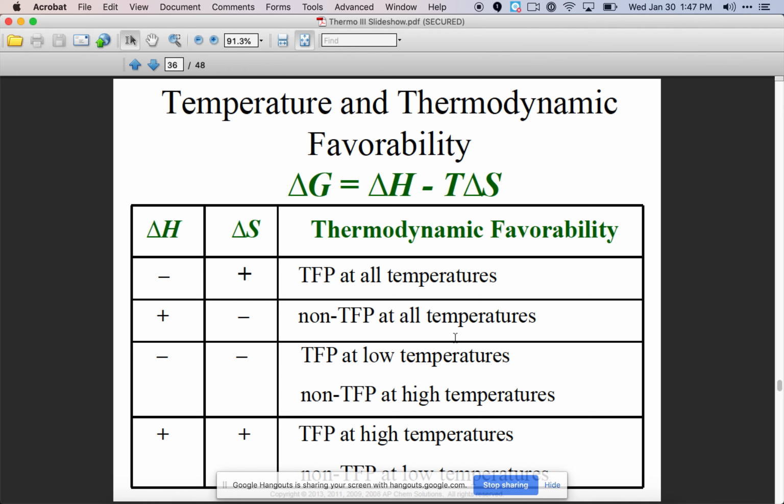I would play with these numbers in your head so you can make sure you can tell yourself that. Does that make sense? All right. Does anybody have any questions on this slide? Because it's kind of important.